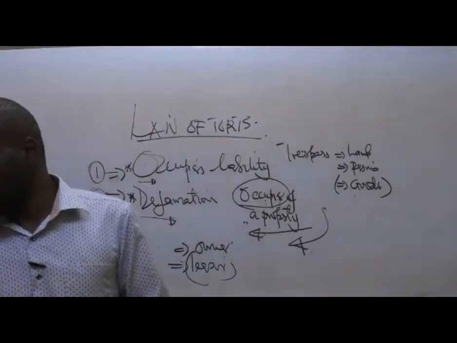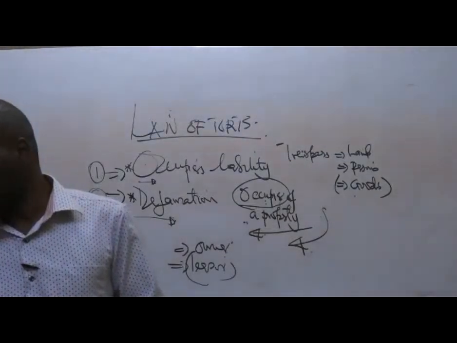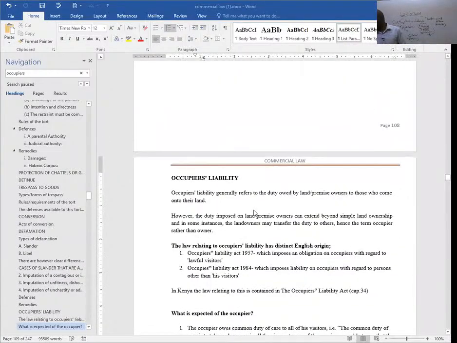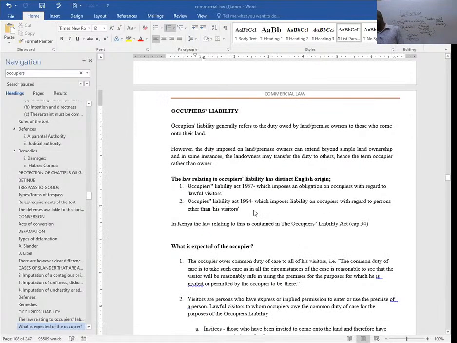So in short, let me just share. Occupiers liability generally refers to the duty owed by land or premises owners to those who come onto their land. That is the duty expected of a person occupying land or a particular premise. So what are the expectations?